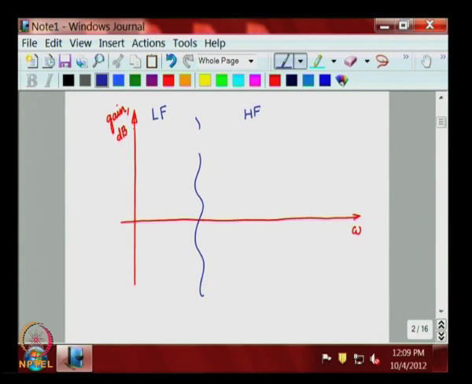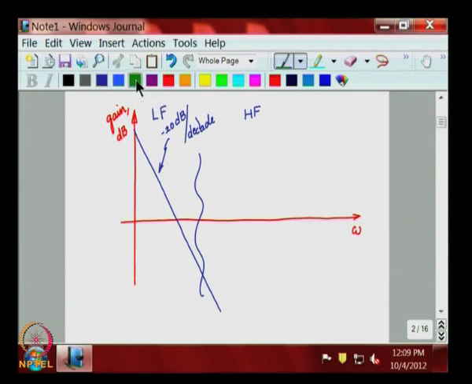The integrator is something like this, it keeps going down at minus 20 dB per decade. This is the slope of the integrator. Refer back to the earlier classes.